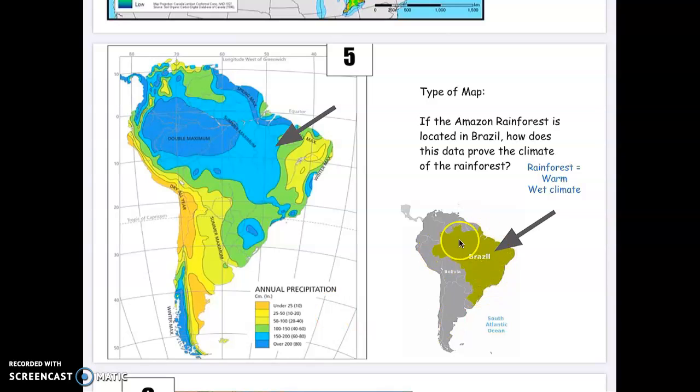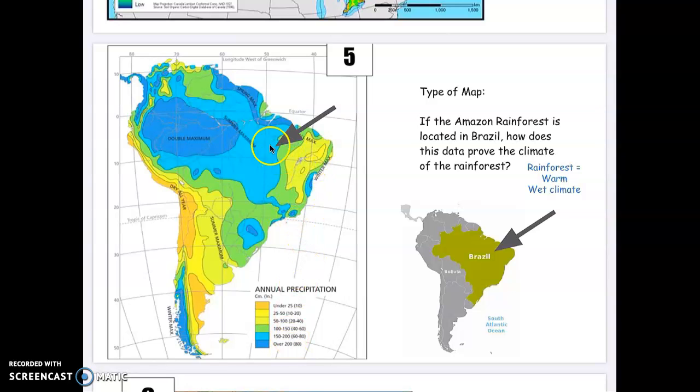So I've shown you a picture of where Brazil is, in South America, if you did not know. So this is the area of Brazil. We have some yellows, some greens, some blues, and then even some dark blues in there. So when we look at precipitation in centimeters, the yellow is 25 to 50, then 50 to 100, 100 to 150, 150 to 200, and even up to over 200.